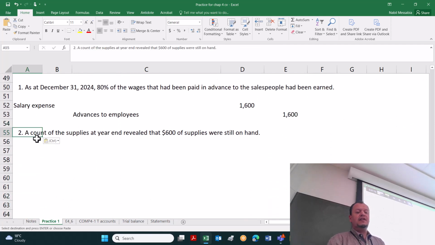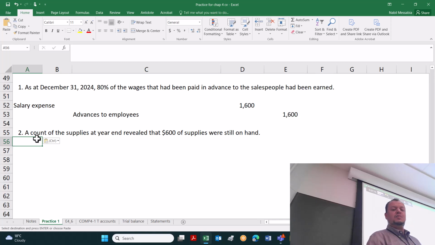A count of the supplies at the year end revealed that $600 of supplies were still on hand. There was 600 from the 3,000. There was 600 still on hand. What happened to the difference? These are supplies. They were purchased to be used, not purchased to be kept, right? So it simply means they were consumed.